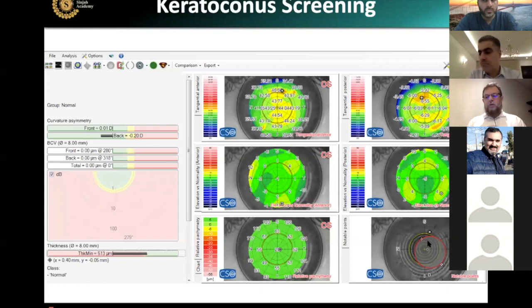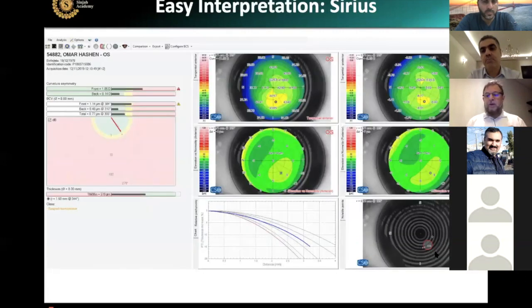Now, whenever the cornea is normal, those landmarks are discrete. They are here and there. While if we see keratoconus, you will find that this red circle is very, very small because usually the highest point on the curvature map corresponds to the thinnest location, corresponds to the highest elevation, and so on.